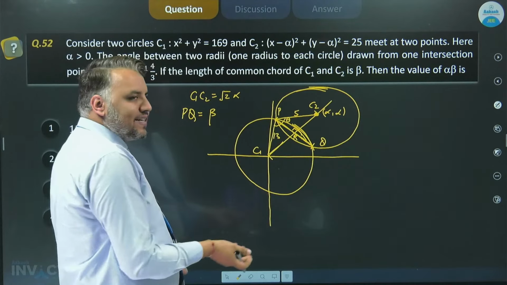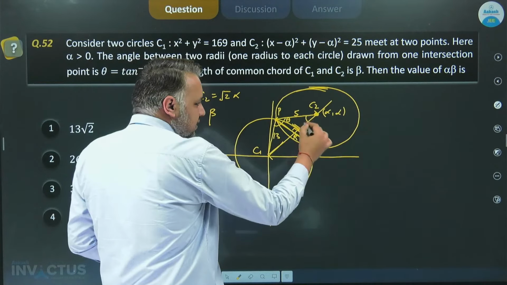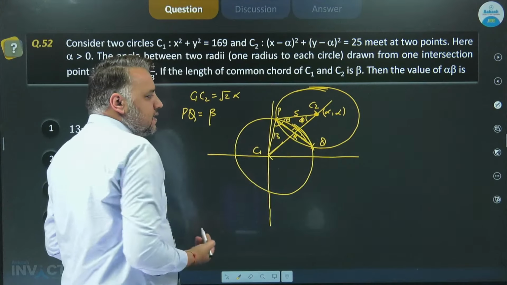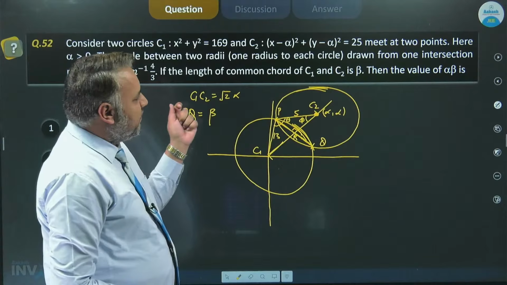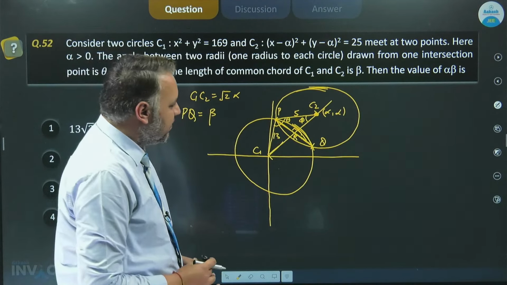So we can calculate sin theta, cos theta, and other trigonometric ratios. Let's assume the angle PC2C1 is phi. Now we have to find the value of alpha and the product alpha beta.